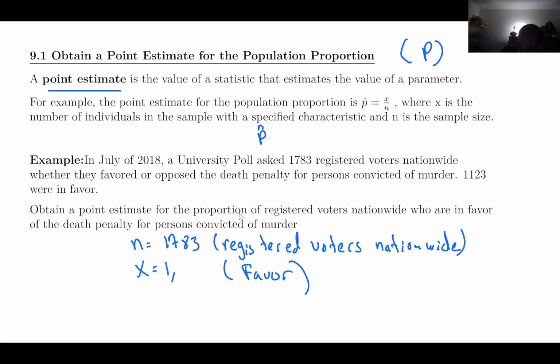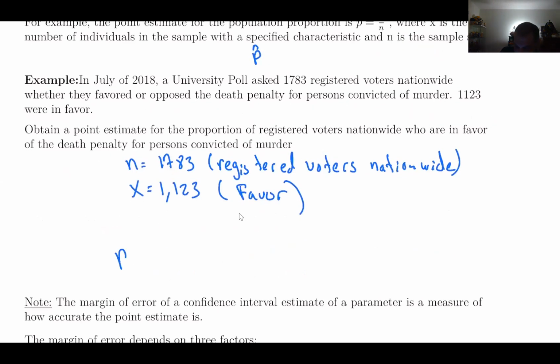So we have 1,123 people who are in favor of the death penalty. So if I want to find the point estimate, all we have to do is divide that. So P hat is equal to 1,123, all divided by 1,783.